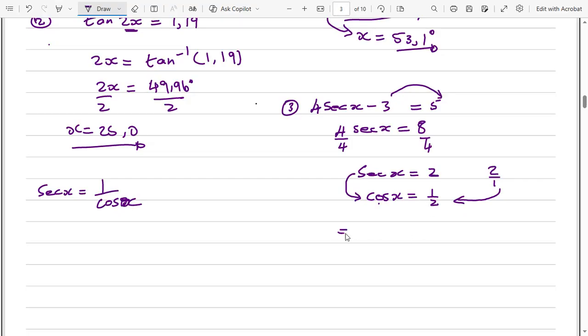So x is the cos inverse of 1 over 2. What do you get? What is that equal to? You got 60 degrees, no? Yeah, 60.